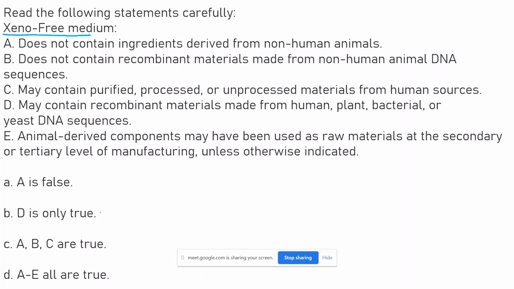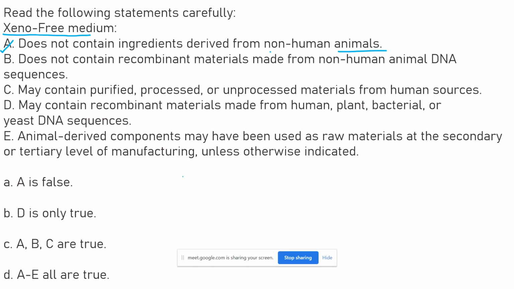So again, as the name suggests, xeno-free medium, as I explained, will not have any ingredients which are derived from non-human animals, basically which are derived from animals. So this statement is correct, right? A xeno-free medium will have serum and other ingredients which are derived from humans only, not from any other animals.